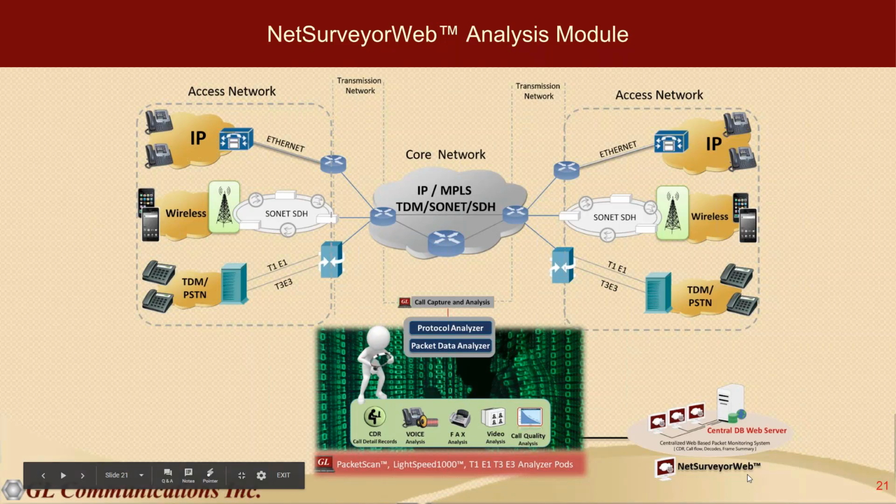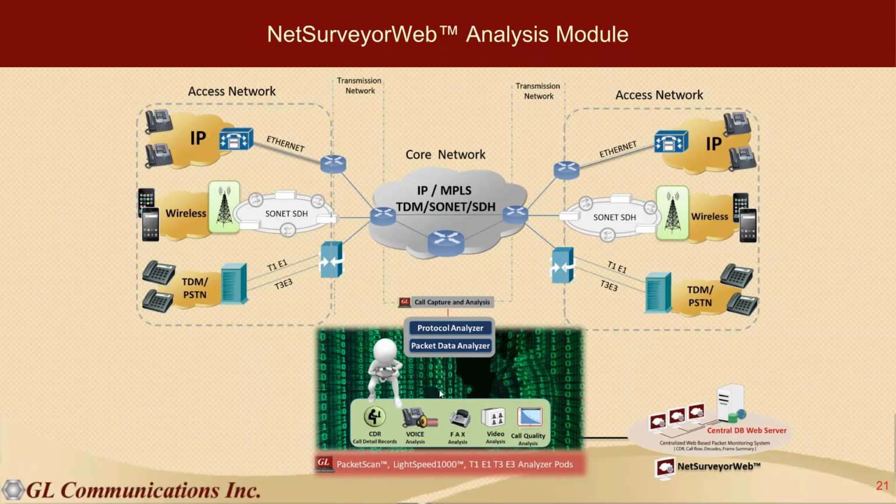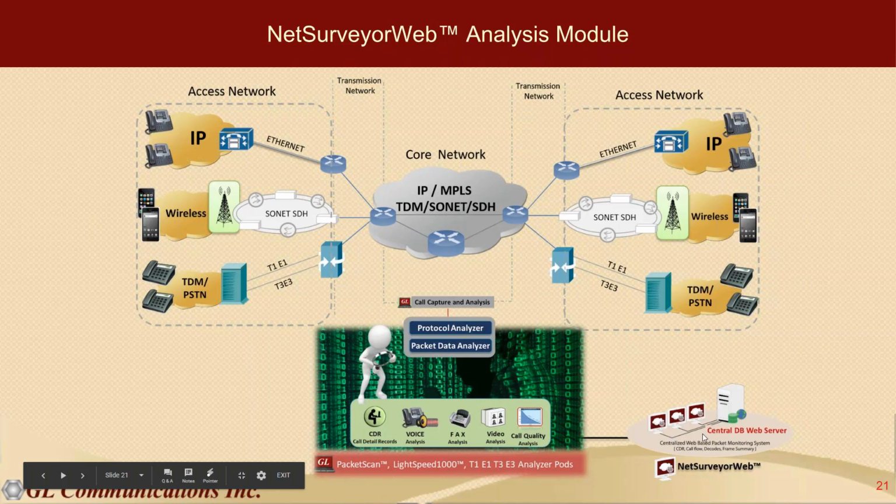But at the moment, I will explain that at the protocol and capture level, these can be deployed at multiple points in the network, and all that information can be sent back to this database. At that point, we have the information and we can look at the database.